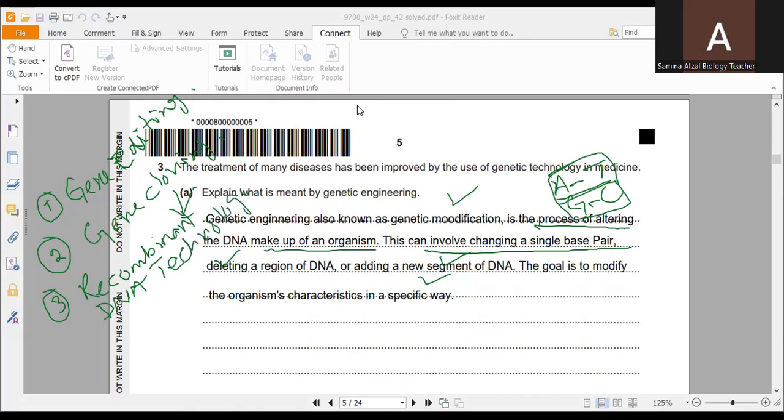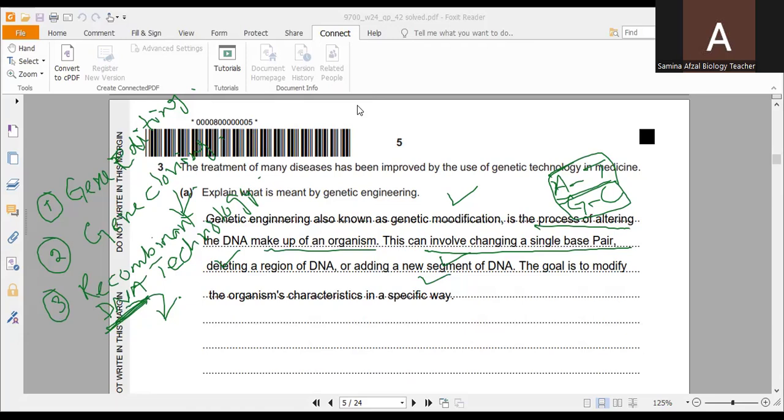And what is recombinant DNA? Recombinant DNA means combining DNA from different sources into one molecule. So that will be DNA which has the characteristics of different molecules. So it is a recombinant DNA.